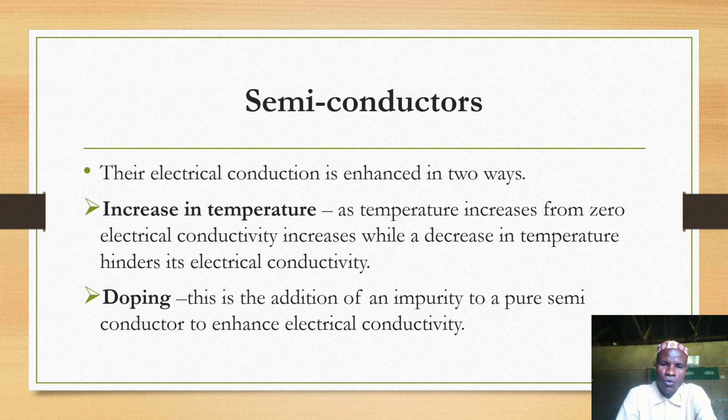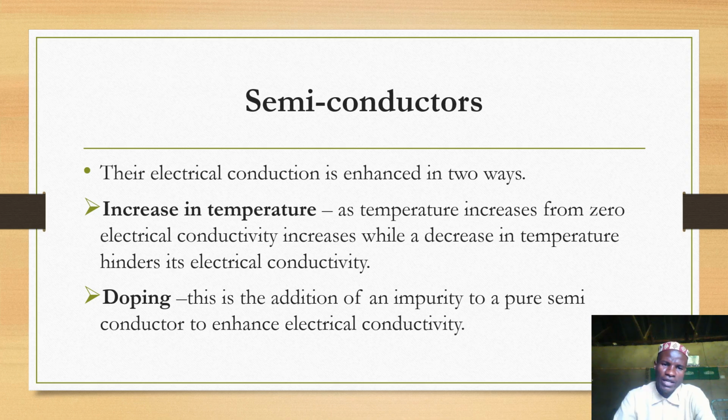One way is by increasing the temperature. When we increase the temperature of semiconductors, the electrons in the valence band gain energy and jump over to the conduction band, hence enabling the material to conduct.